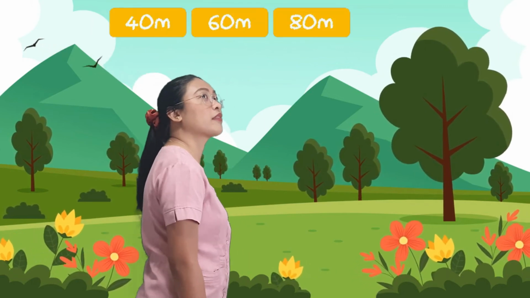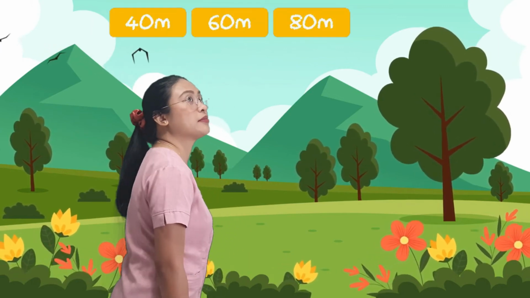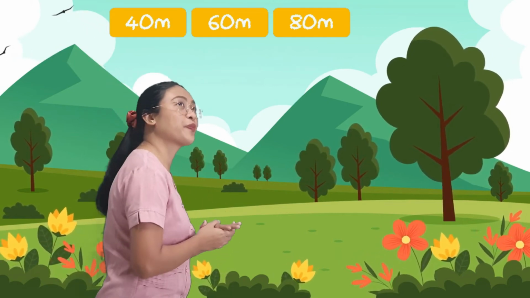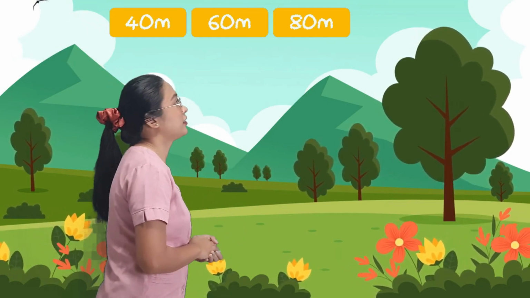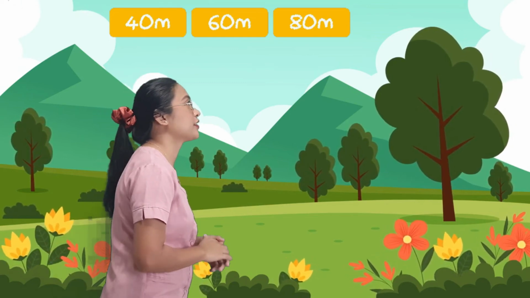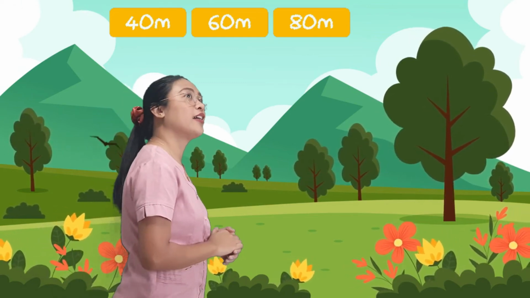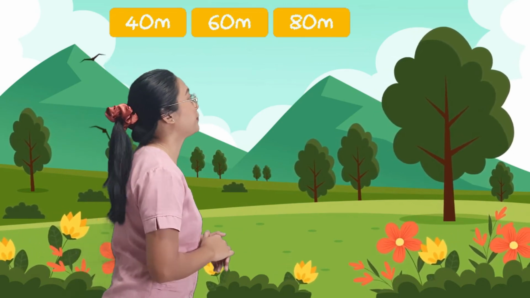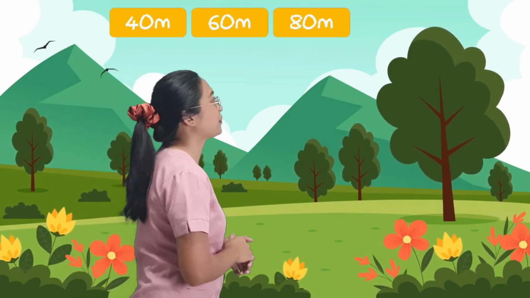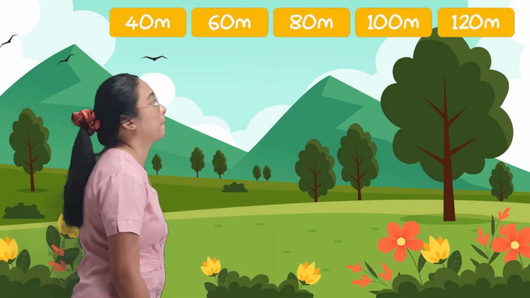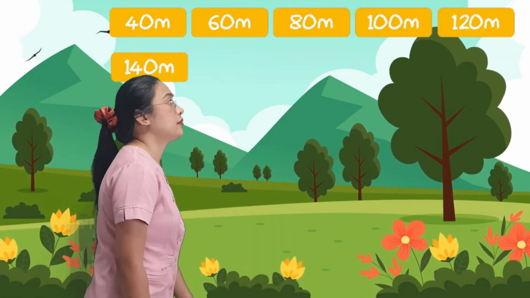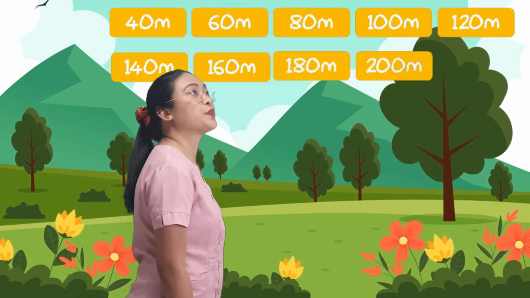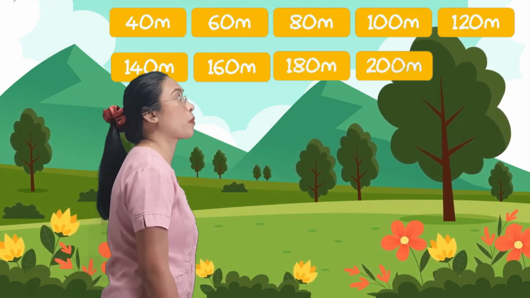If we analyze the problem, 40, 60, and 80 meters follows an arithmetic sequence since there is a common difference which is equivalent to 20. Dropping the unit, the given could be written as follows: 40 meters, 60 meters, 80 meters, 100 meters, 120 meters, 140 meters, 160 meters, 180 meters, 200 meters.